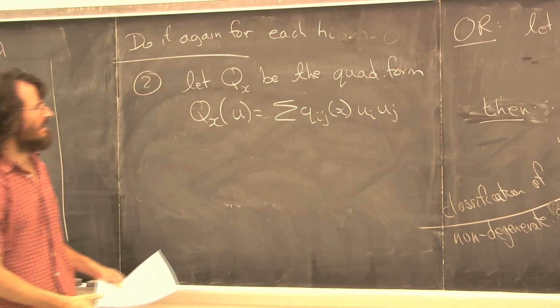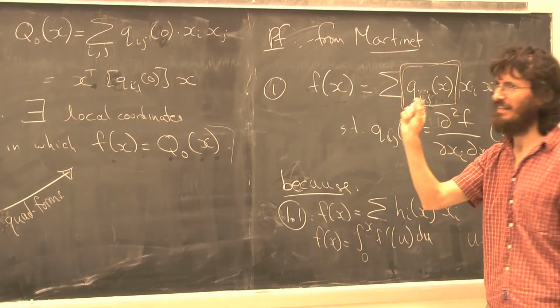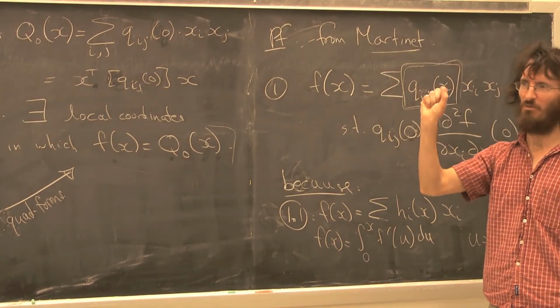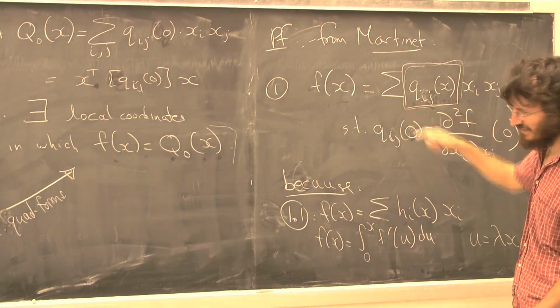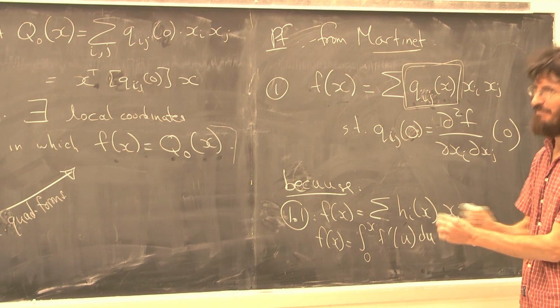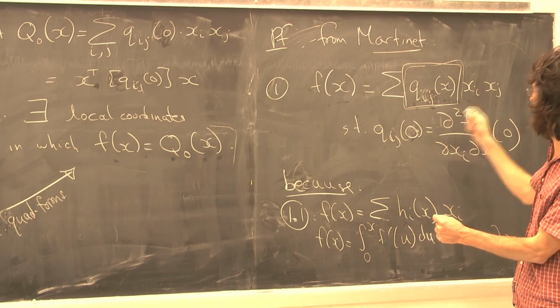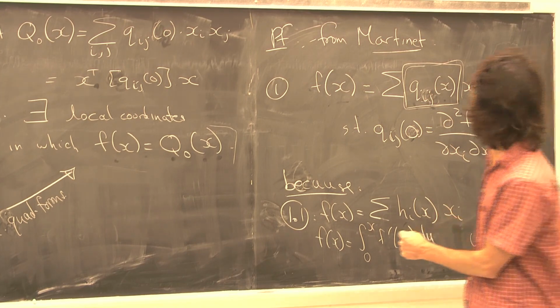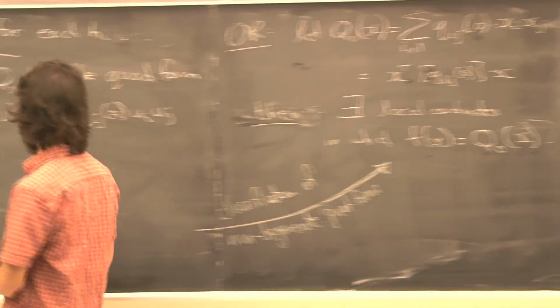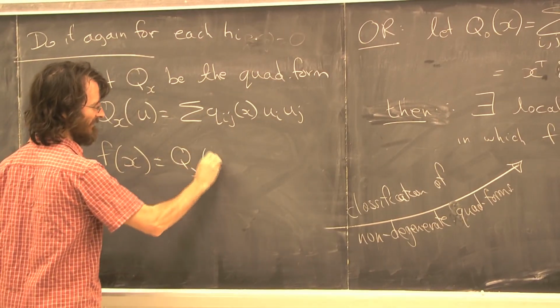The point is that there's a quadratic form that varies with where I am. So f of x, at each point, is obtained by taking some quadratic form and evaluating it at the x_i's and x_j's. This is a weird way of doing it, but now I'm saying f of x is q sub x of x.